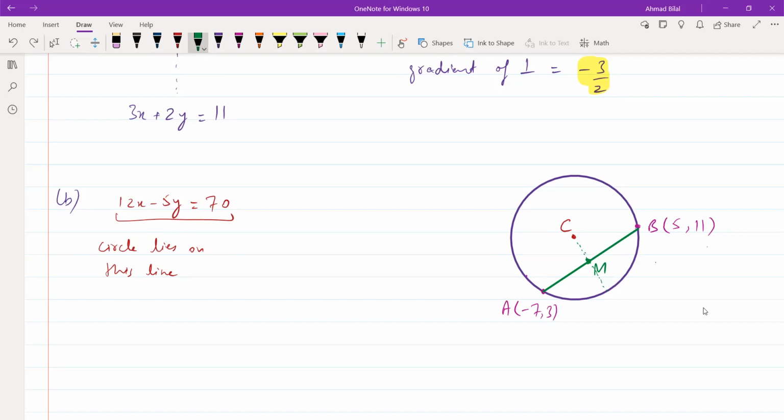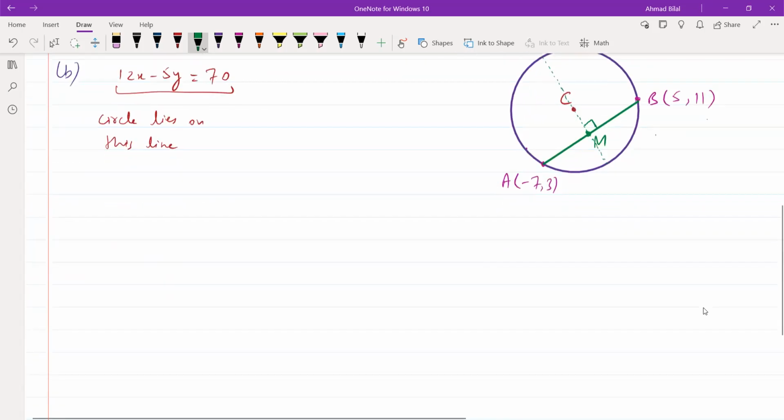And the other way around is true as well. If there's a line going from the middle that is making 90 degrees with the chord, it has to pass through the center of the circle. So the perpendicular bisector of AB here also passes through the center of the circle. Using that property, the line from the center to the midpoint of a chord has to make 90 degrees. So you can just remember it this way: the perpendicular bisector of any chord passes through the center.